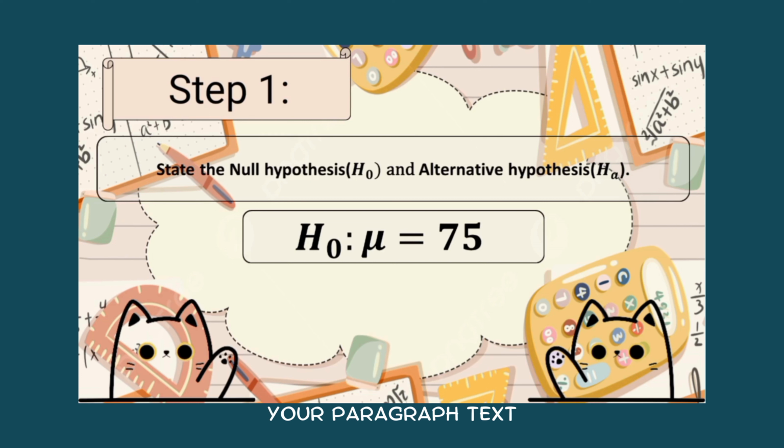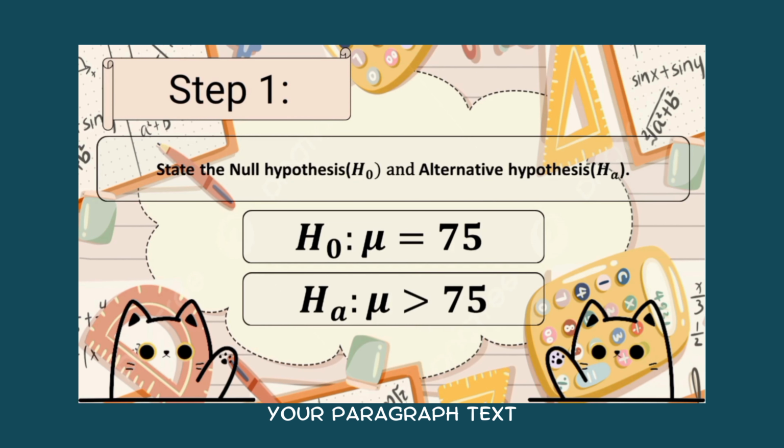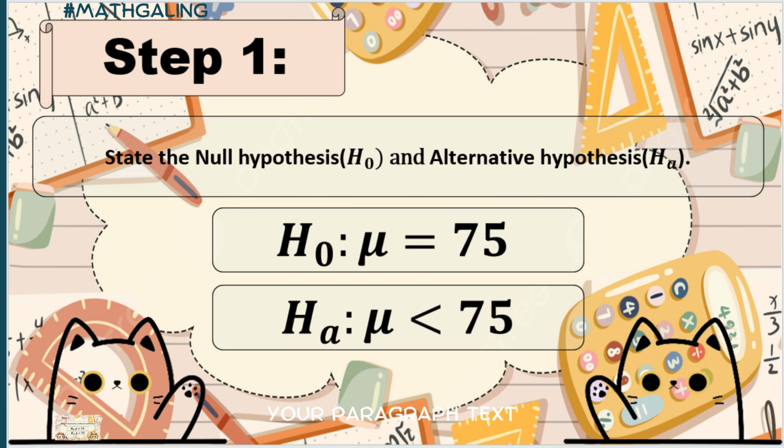How about the alternative hypothesis? Again, we have 3 symbols that we can use, which is the greater than, less than, and not equal to. But in this situation, we are going to use less than. So we have mu is less than 75.